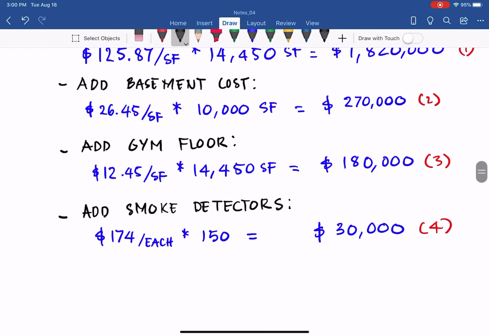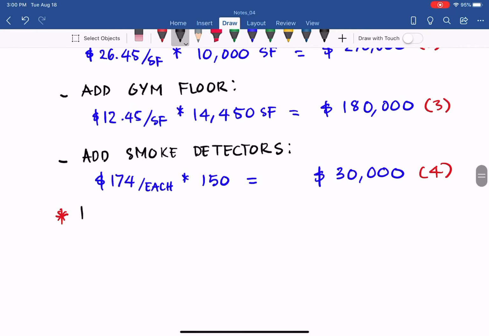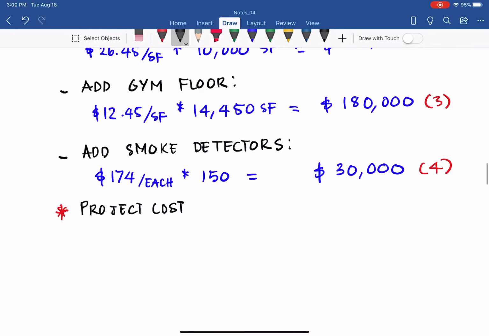So bottom line, we have the project cost, and it equals 1 plus 2 plus 3 plus 4.